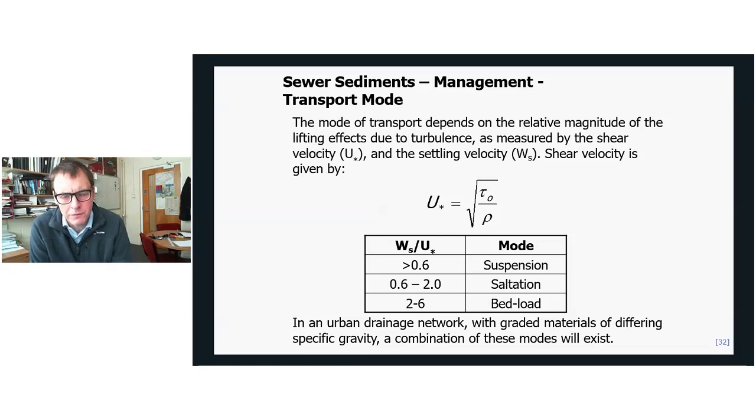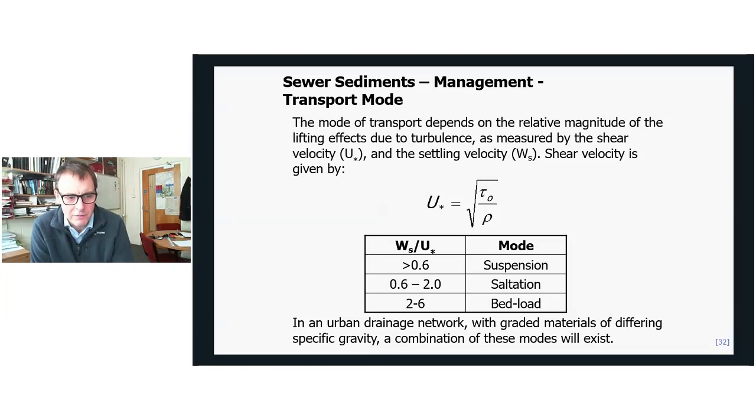So the mode of transport a given particle uses or moves under, so whether it's bed load or suspension, depends on the relative magnitude of the lifting effects due to turbulence, as measured by the shear velocity and the settling velocity.